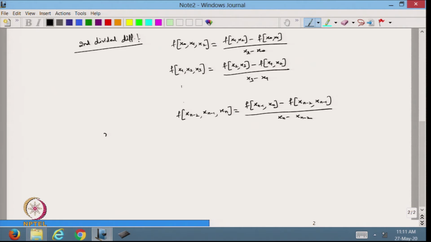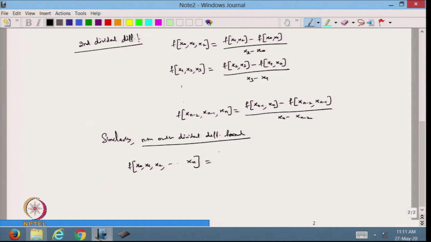So similarly we can define the nth order divided difference formula. So in that case, I am writing f of x0, x1, x2 up to xn.